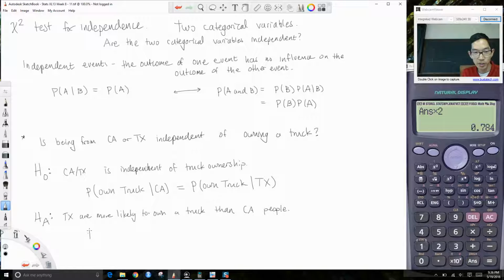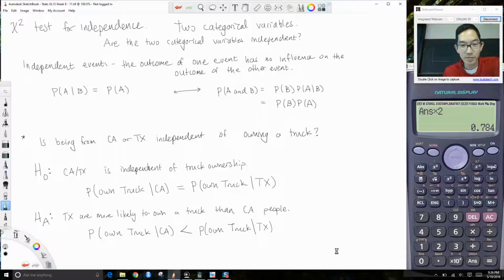Here we would say the probability of owning a truck, I guess I wrote this backwards, is less if you're from California, given that you're from California, than the probability of owning a truck given you are from Texas. And so this would be a directional alternative.